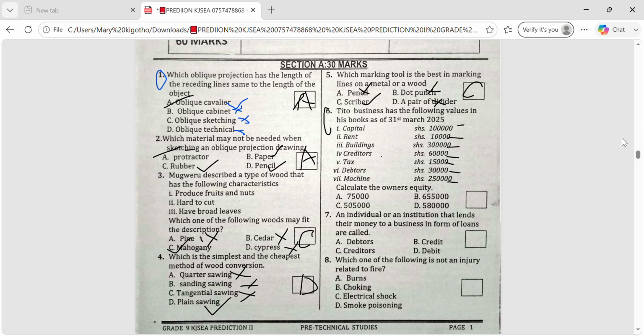I'm waiting for you to do your own calculations. Now let's read the question again and understand. So Tito's business has the following values in his books as at that date.